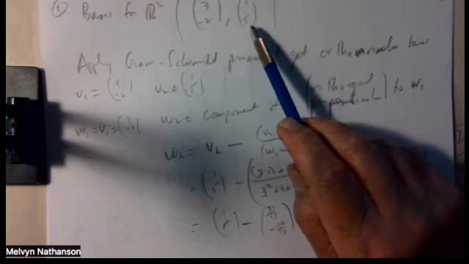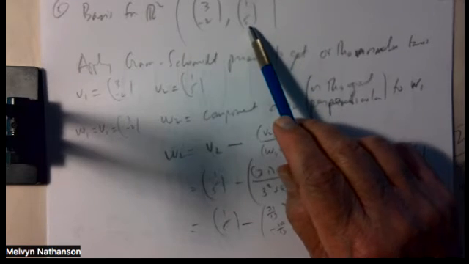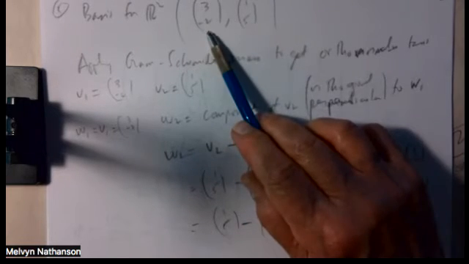Let me double check everything because I always believe I make mistakes in arithmetic. So I have the vectors (3, -2) and (1, 5). I want to find the component of (1, 5) perpendicular to (3, -2). So it's the vector V2, which is (1, 5), minus the component of this vector in this direction.